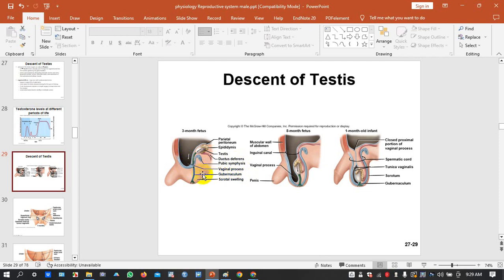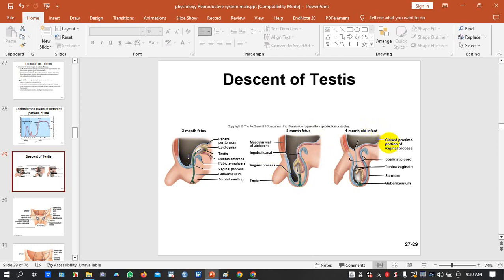You have the gubernaculum going to the scrotal swelling, or the floor of the scrotum. By 8 months, this vaginal process, which is a part of the abdominal tissue, is supposed to descend, and the testis is supposed to descend down the scrotum. It's in the abdomen, it has to descend to the scrotum, so it's descending.